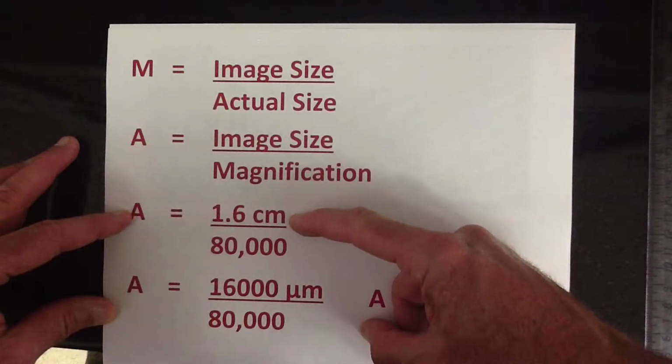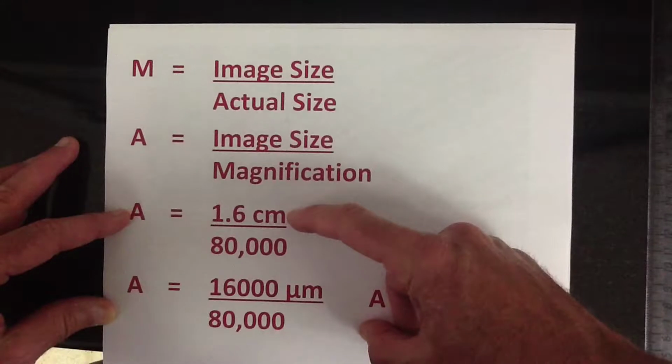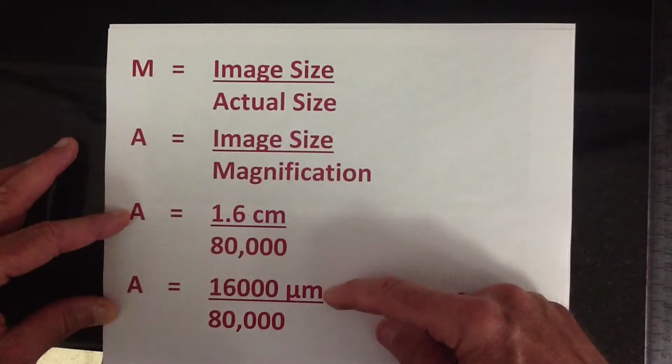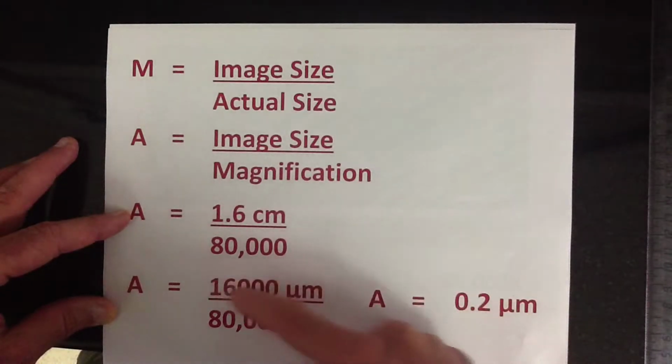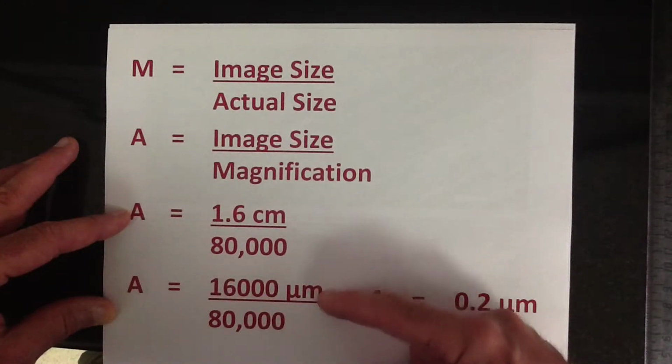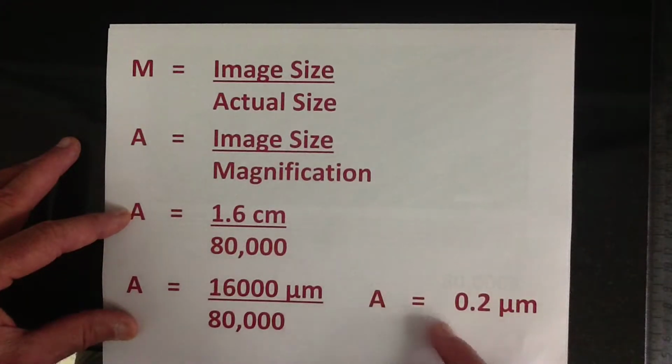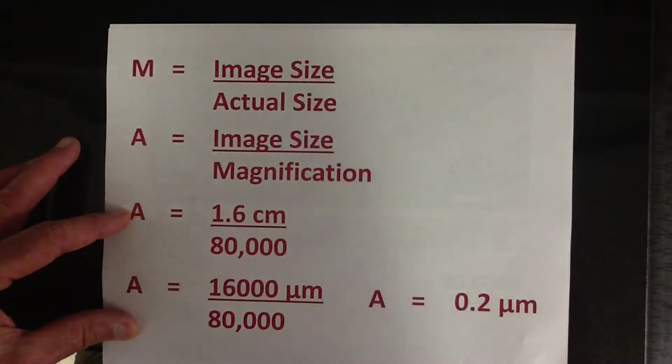I'm interested to know the diameter of the vesicle in micrometers, not centimeters, so I convert 1.6 cm to micrometers here, remembering that there are 10,000 micrometers in each centimeter. So I have 16,000 micrometers in my numerator divided by 80,000. The diameter of that vesicle is 0.2 micrometers.